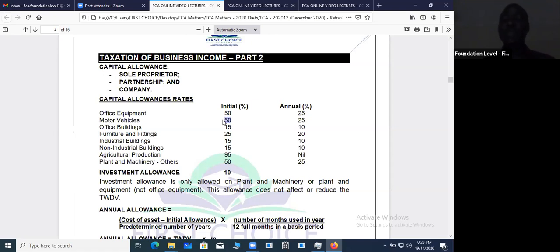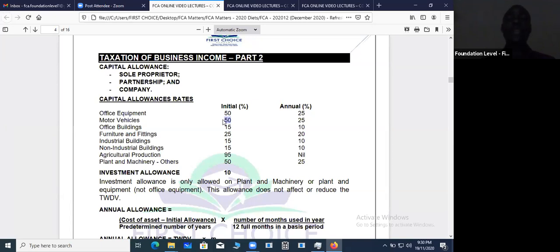Now, let's say you receive your student membership number on December 31st, 2019. You will pay for the whole of 2019 as if you received it on January 1. So you see, there's no prorating. So when you put the asset into use in that year, you claim full initial allowance.